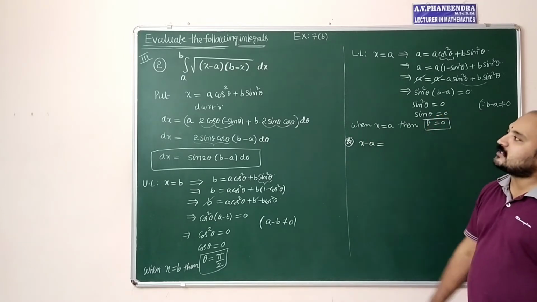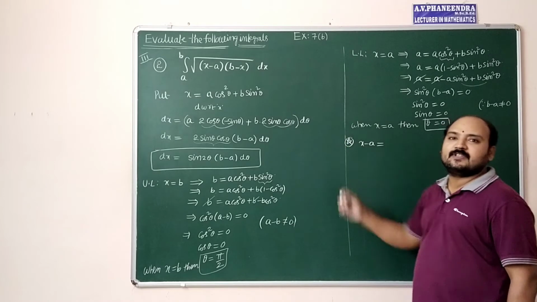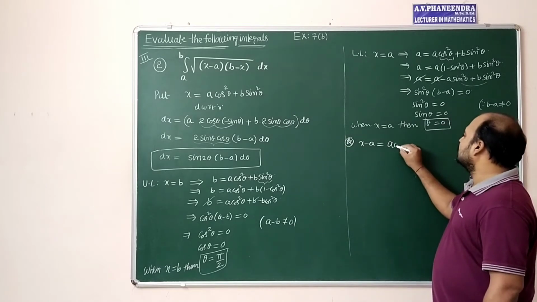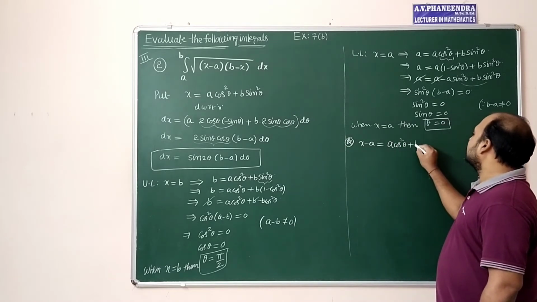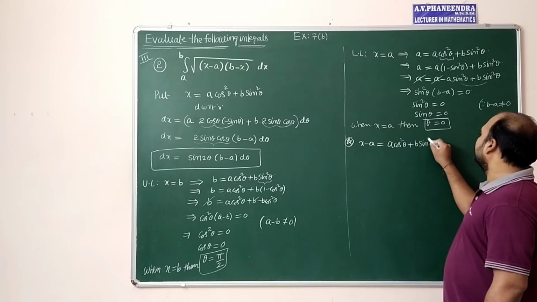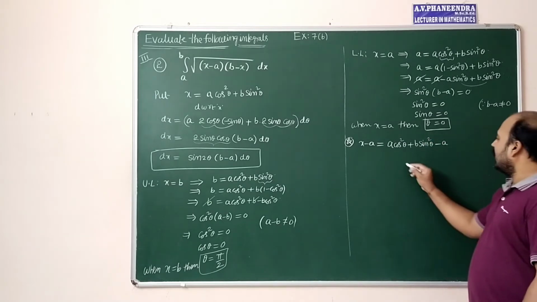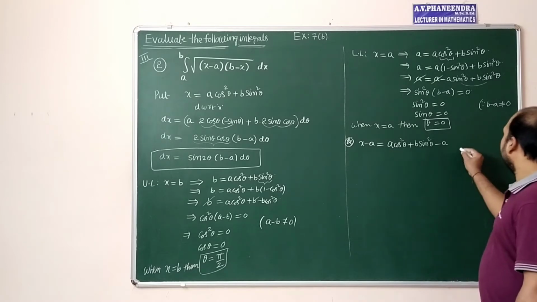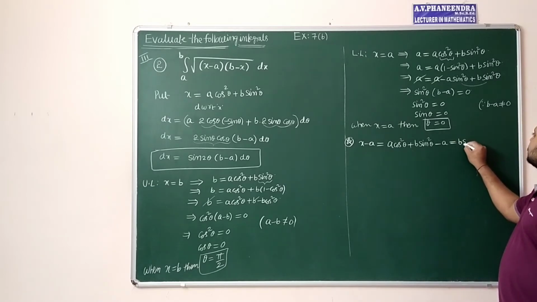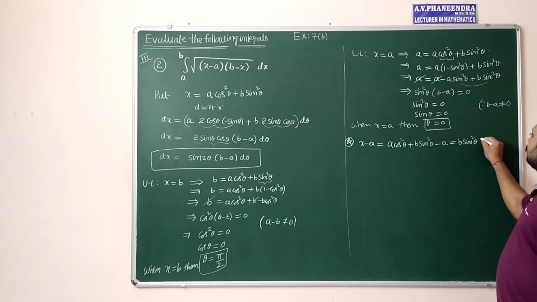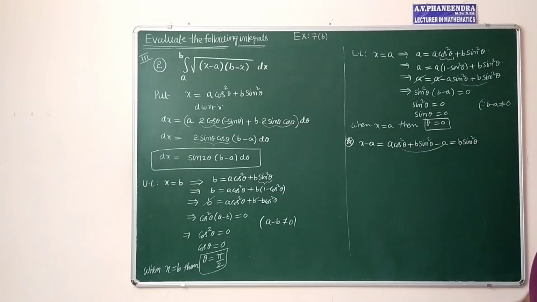What is the value of x there? a cos²θ plus b sin²θ. So a cos²θ plus b sin²θ minus a. Now this also can be written as b sin²θ, and from these two I am taking common minus a.